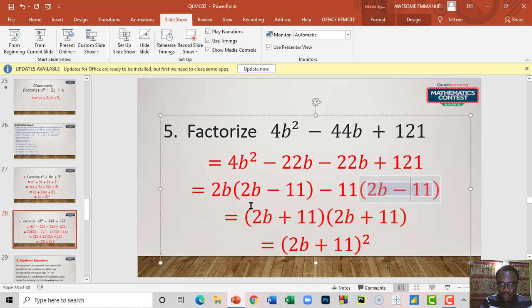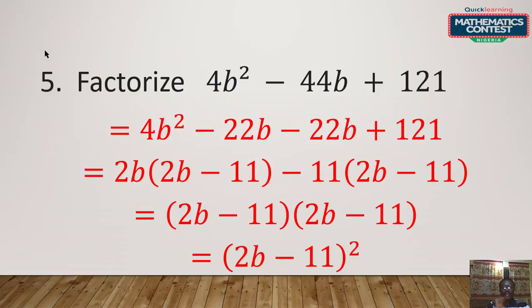So we keep the outside ones, which is this, we pick the inside one, which is this, and the answer will give us minus. So this is the correct answer. Thank you very much. This is the answer for number 5.